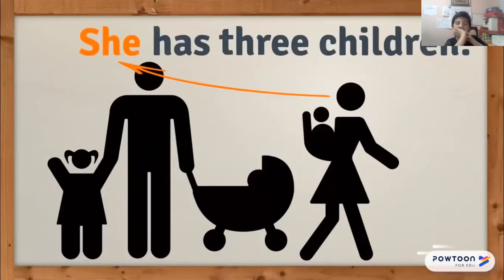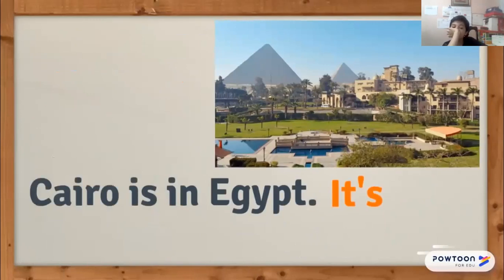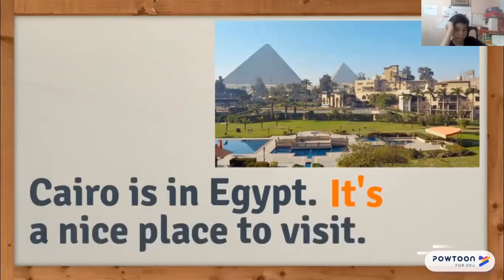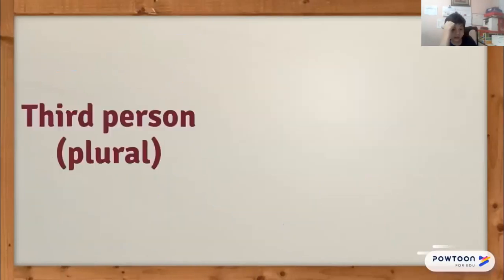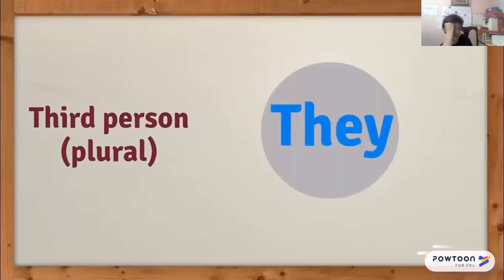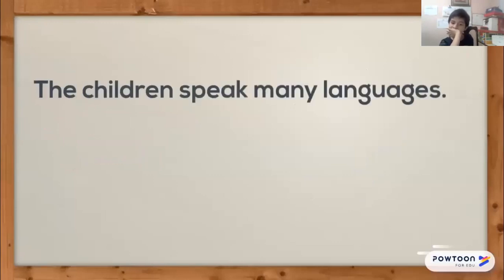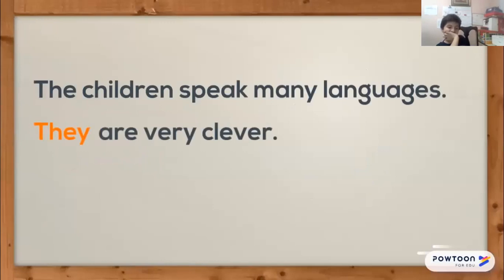She has 3 children. Cairo is in Egypt. It's a nice place to visit. As for the subject pronoun in the third person plural, we use they. For example, the children speak many languages. They are very clever. In this example, the subject pronoun they is used for humans.